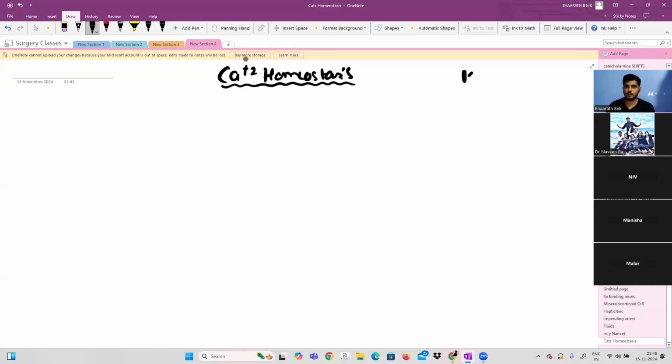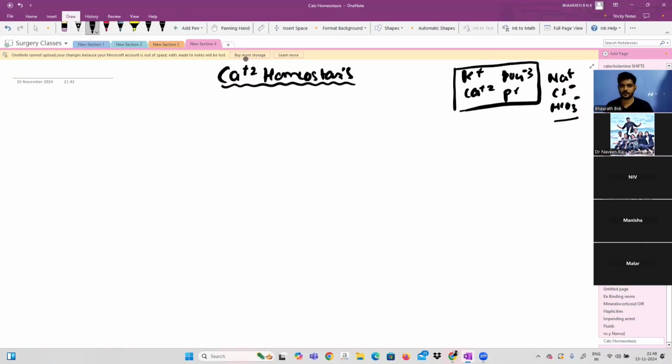As I told you, potassium, calcium, phosphate, and proteins are major intracellular ions, of which potassium and calcium are cations, phosphate and proteins are anions, while sodium, chloride, and bicarbonate are major extracellular ions.